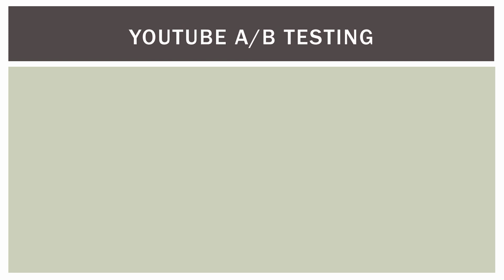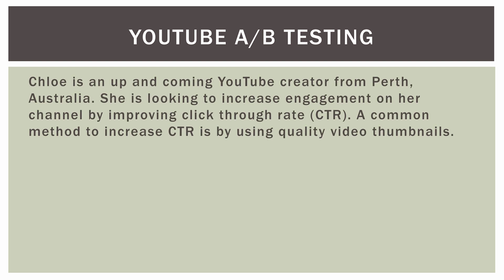So here is an example that hits close to home: YouTube A/B testing. Chloe is an up-and-coming YouTube creator from Perth, Australia. She is looking to increase engagement on her channel by improving click-through rate, what's called CTR. A common method to increase CTR is by using quality video thumbnails.